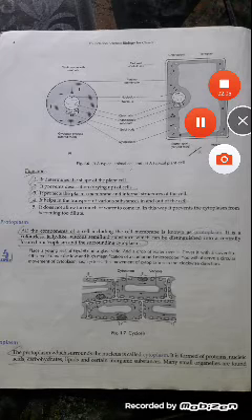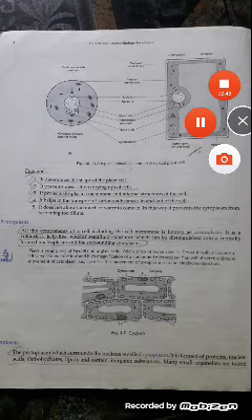First point, the cell wall determines the shape of the plant cell. It prevents desiccation of cells. It protects the plasma membrane and internal structure of the cell. It helps in the transport of various substances in and out of the cell.